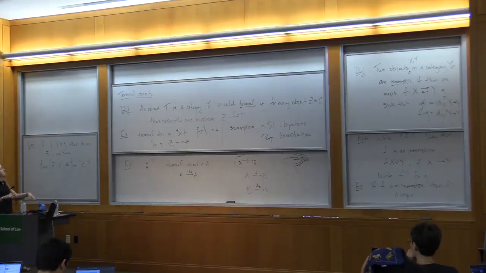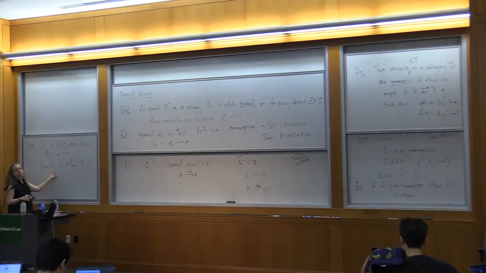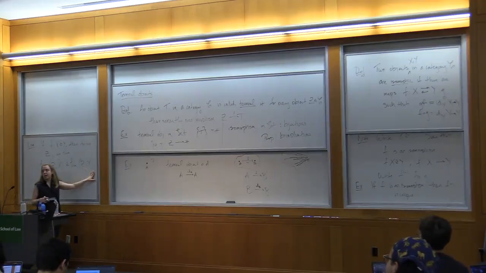Maybe it's a set, maybe it's a type. Maybe we can just say that these are sets. So if X and Y are isomorphic, then the set of arrows from Z to X and the set of arrows from Z to Y are in bijection, are also isomorphic.